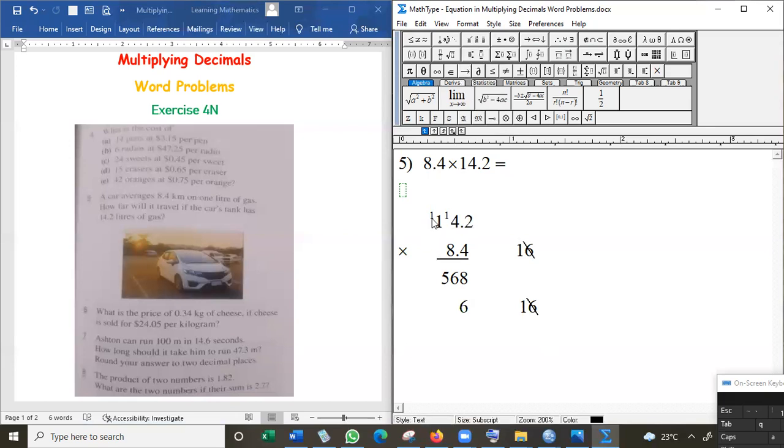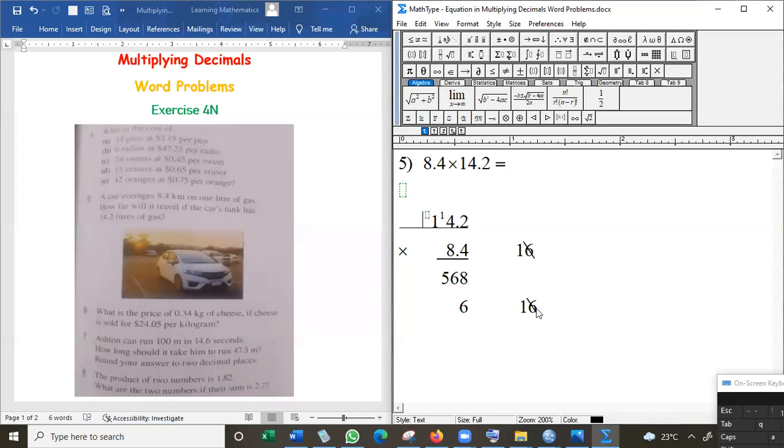Let us cross out that 1 so it does not confuse us, because we used it already. So 8 twos are 16. Bring the 6 there, and carry that 1 up there. 8 fours are 32.